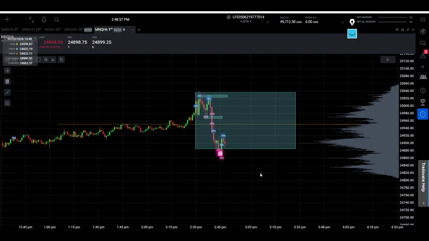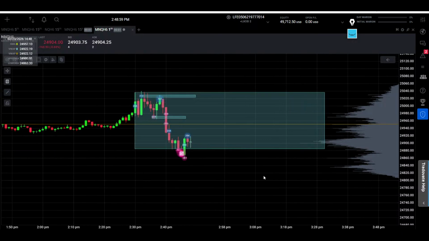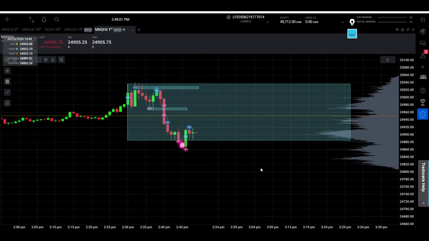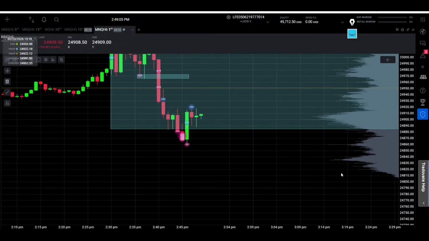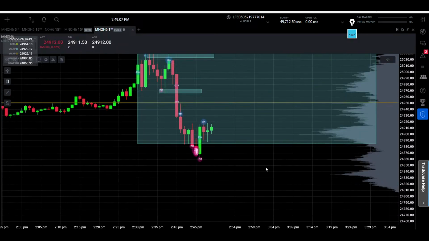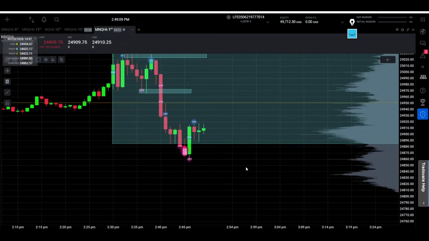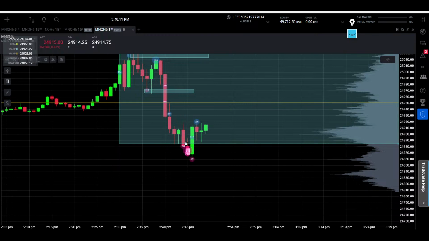This is the first 15 minutes range, and we need to look. So this is massive absorption here.